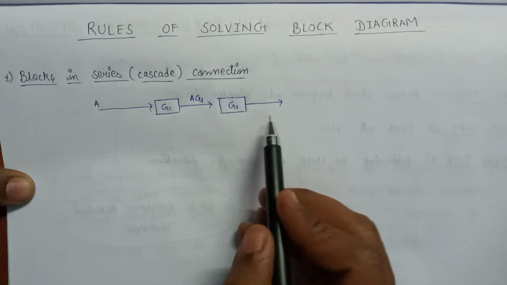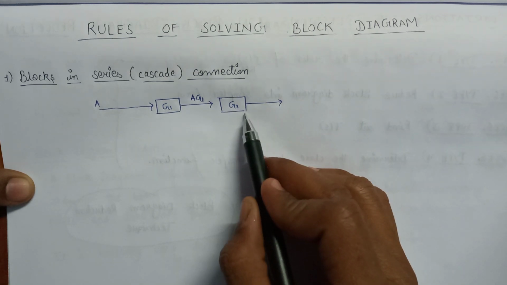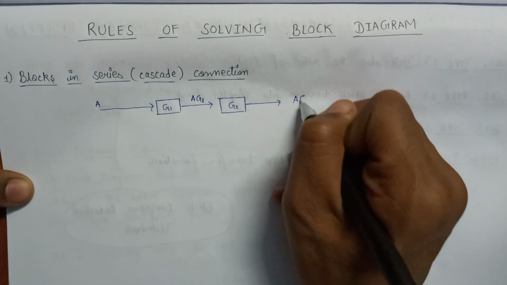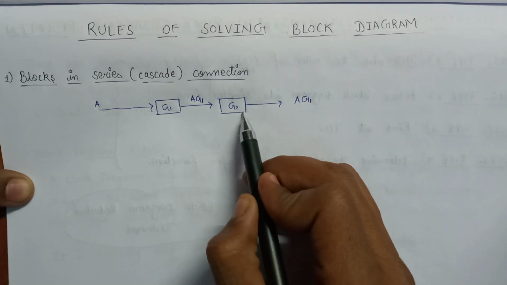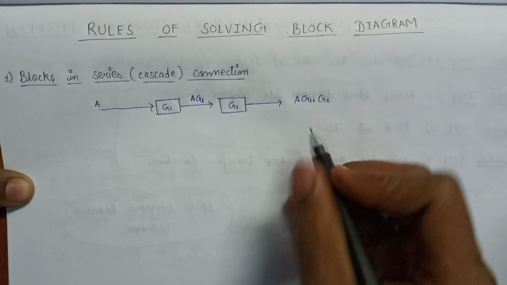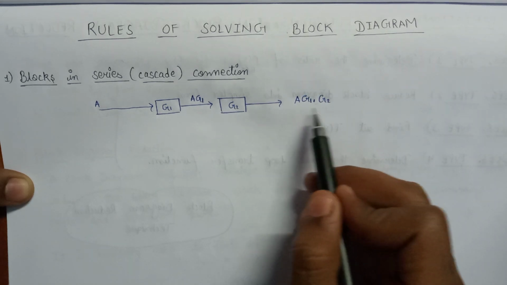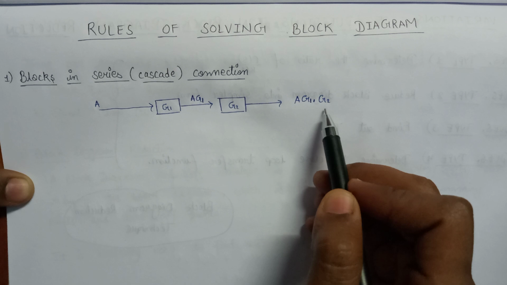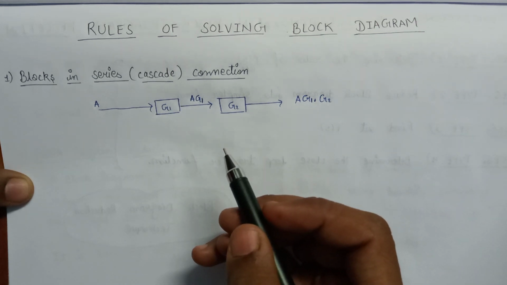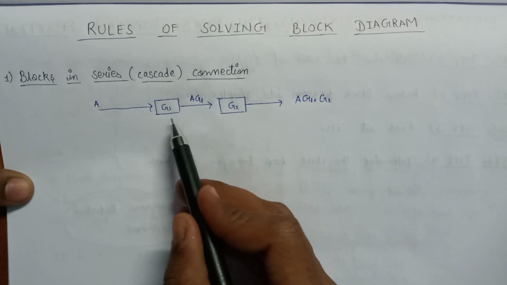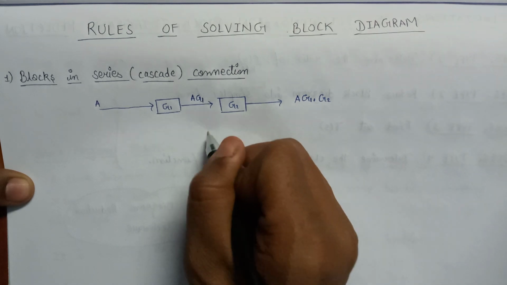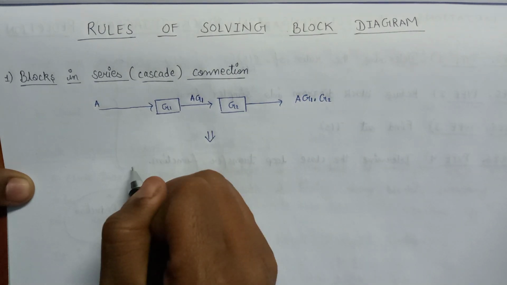So after evaluation, the output of the block G2 will now become AG1 multiplied with this gain, that is G2. So the final output will now become AG1 into G2. If you want to draw an equivalent block diagram of these two blocks that are connected in series combination, then we can draw it just like this.